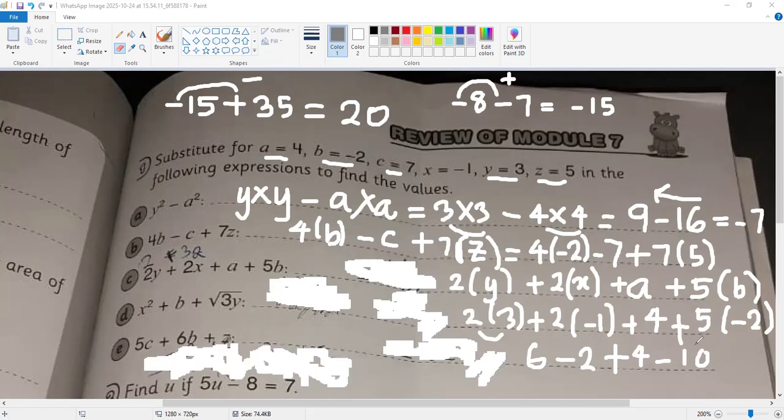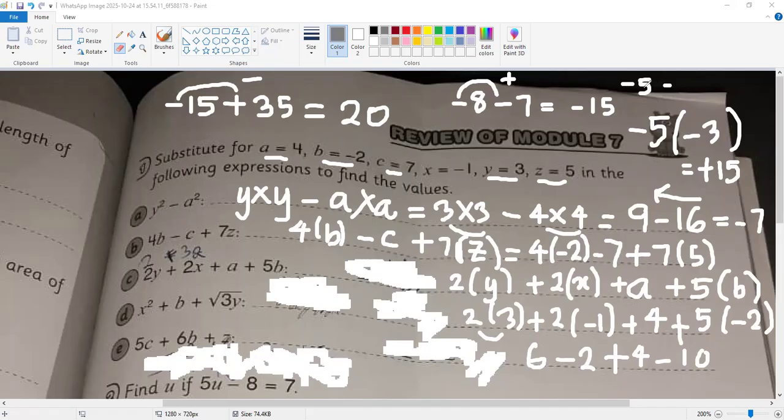That means in a nutshell, when you are multiplying two directed numbers, the signs must be multiplied together before the numbers. For example, if I have minus 5 bracket minus 3. Recall I said bracket means times. I'm going to do minus times minus as plus, and then 5 times 3 is 15. It is different from saying minus 5 minus 3.